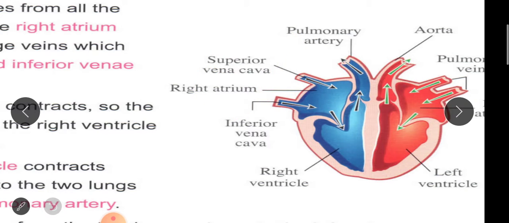Again, so we have here deoxygenated blood that the right ventricle will push to the pulmonary artery. The word pulmonary means that it is related to the lungs, attached to the lungs. So now the deoxygenated blood, or the blood with carbon dioxide, will go from the pulmonary artery to the lungs.